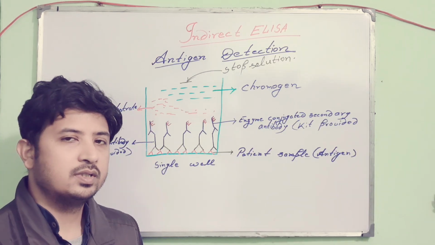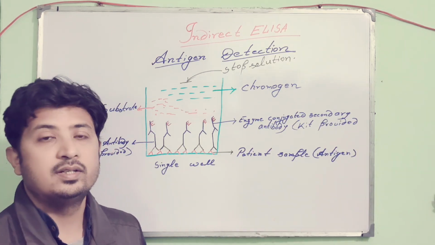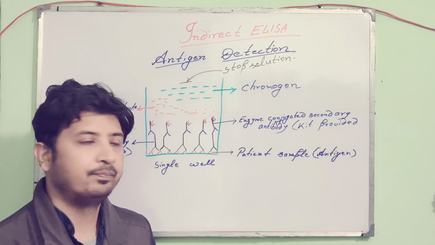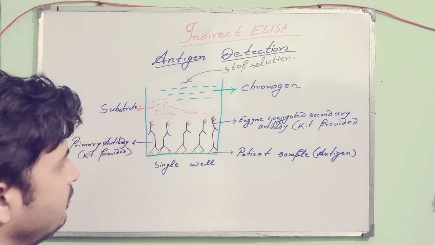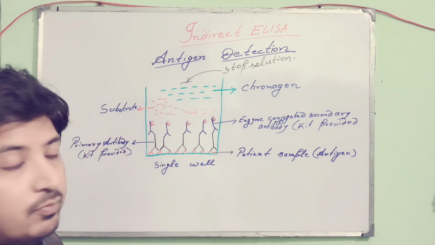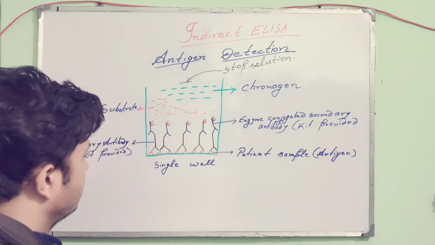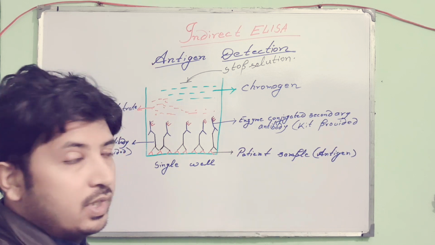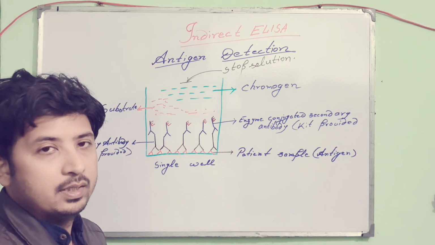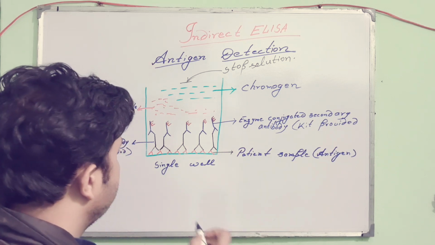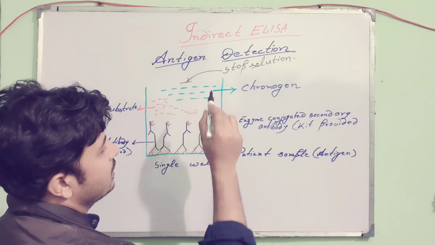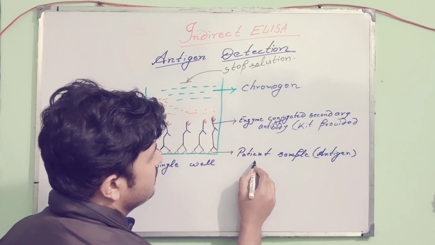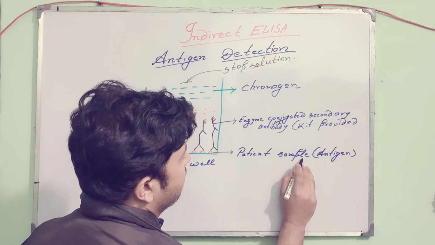Now understand the concept of antigen detection through indirect ELISA. Now see the differences in this picture from the previous picture. Here, the antigens in the previous picture were coated by the kit, by the company. But here you are detecting the antigen, so the antigen is coming from the patient sample.